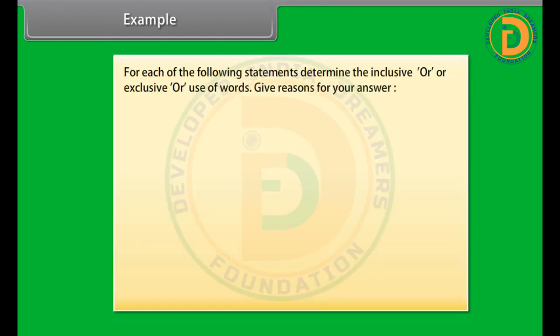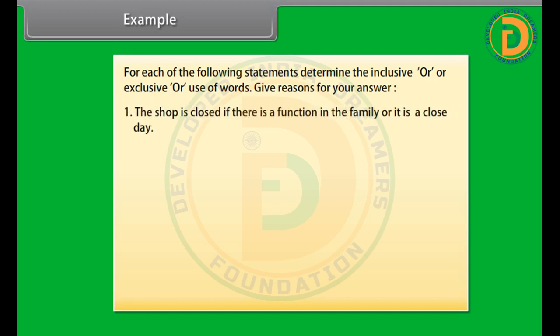Example: for each of the following statements, determine the inclusive or exclusive use of the word or. Give reasons for your answer. The shop is closed if there is a function in the family or it is a closed day. Students can offer Sanskrit or Urdu as a third language.